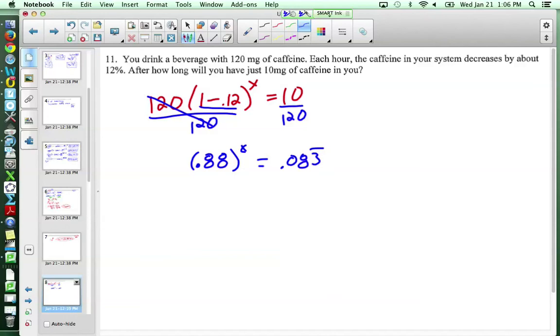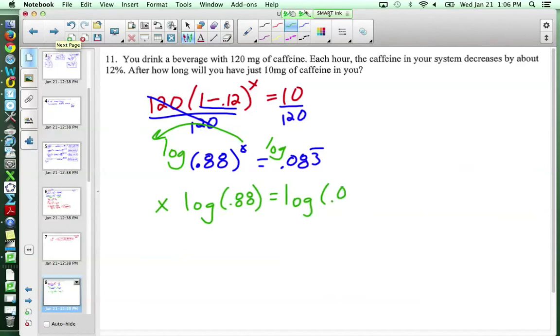So let's take the log of both sides. When we take the log of the left side, we can bring that x out front. So it's x log of 0.88 is equal to the log of 0.083 repeating. Then to get x all by itself, divide by the log of 0.88.